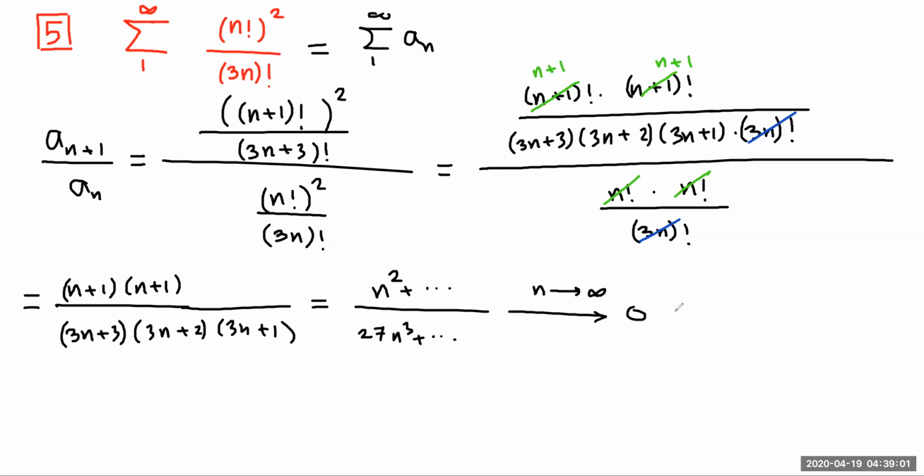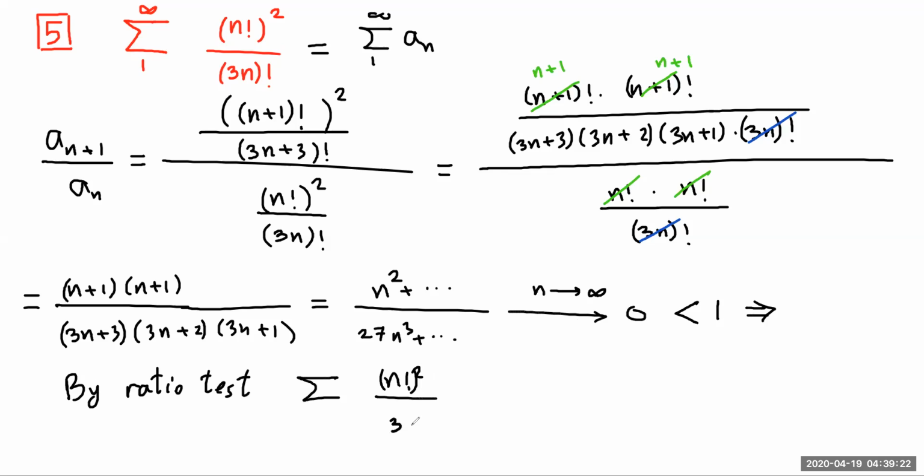Because the answer is less than 1, by the ratio test, the sigma n factorial power 2 over 3n factorial from 1 to infinity converges.